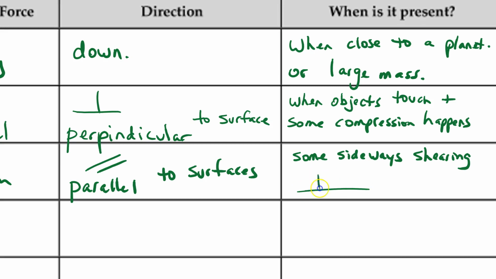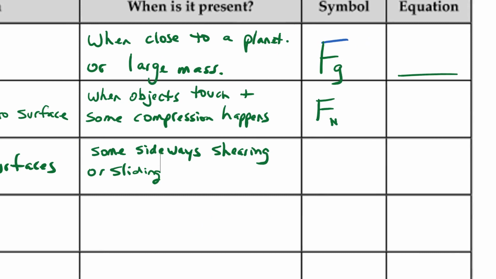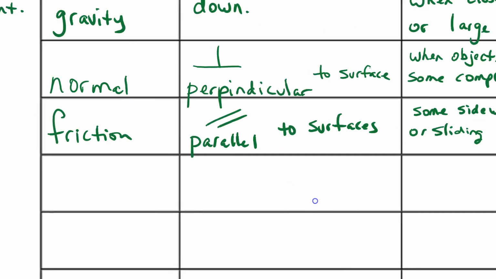Another way to say it, whenever some sideways shearing or sliding can take place, either a motion between two surfaces, or when we try to push it but friction opposes it. The symbol that we use is F sub f. The equation we'll find out later.